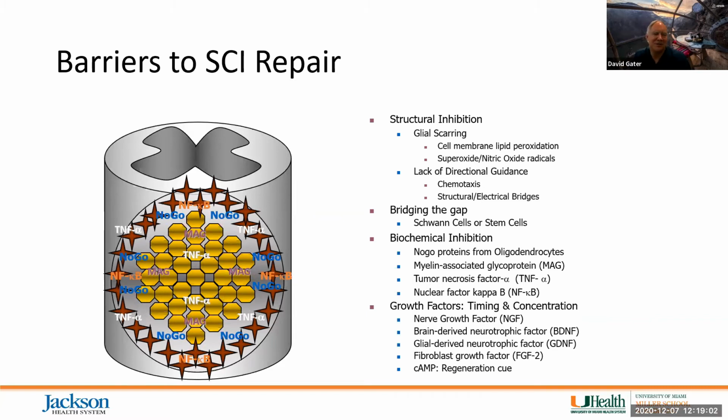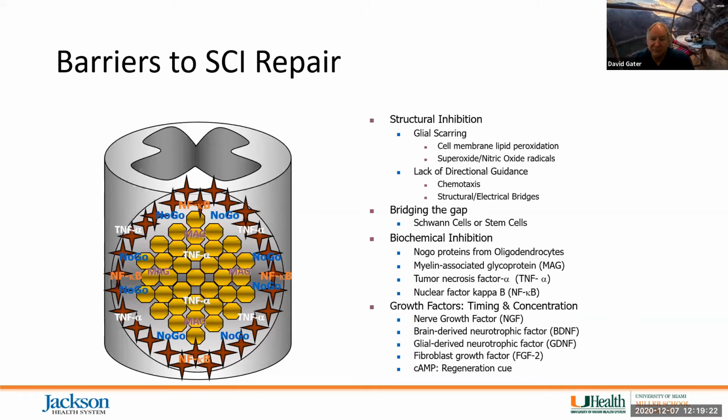If somehow we could disinhibit these inhibitory proteins, get across the chasm by having a cell structure or scaffolding structure, break through the glial cells, we still need to have, for the appropriate development of these neural cells, specific growth factors.